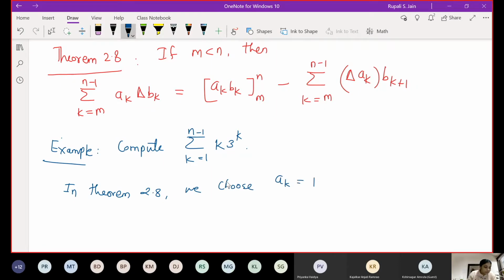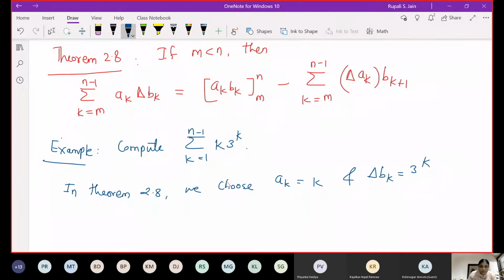So say ak is equal to k, and we will choose delta bk as 3 raised to k. Delta bk is equal to 3 raised to k. So if I choose delta bk equal to 3 raised to k, I require bk also, no?